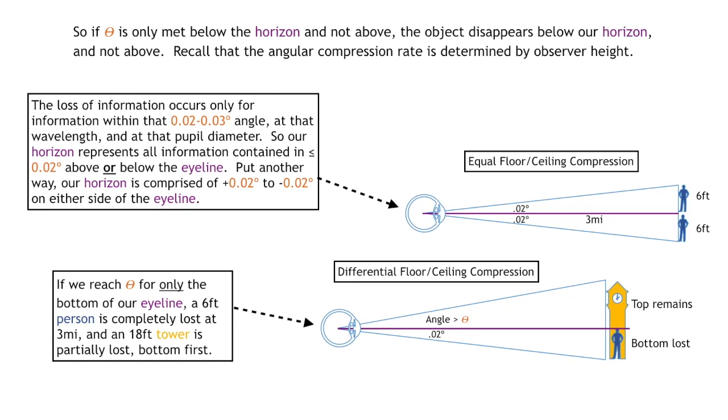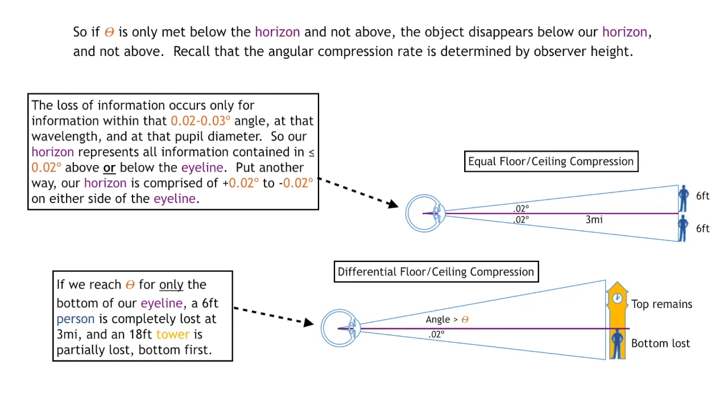So the loss of information occurs only for information within that 0.02 to 0.03 degree angle if it's reached at that wavelength and at that pupil diameter. So our horizon represents all information contained within an angle less than 0.02 degrees above or below the eye line. Or put another way, our horizon is comprised of plus 0.02 degrees to minus 0.02 degrees on either side of the eye line.